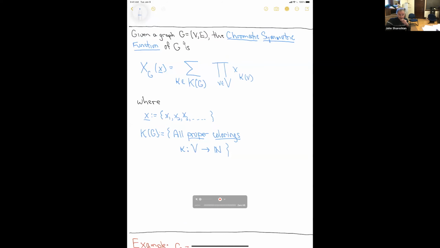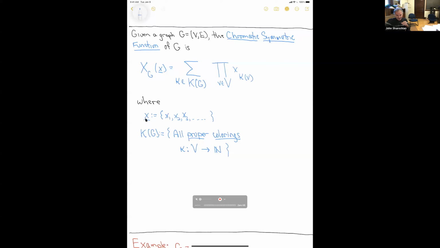Right. So I have a finite graph. It's got a vertex set and an edge set. And this chromatic symmetric function was introduced by Richard Stanley in the 1990s. This chromatic symmetric function is just a generating function for all proper colorings of this graph with positive integers.